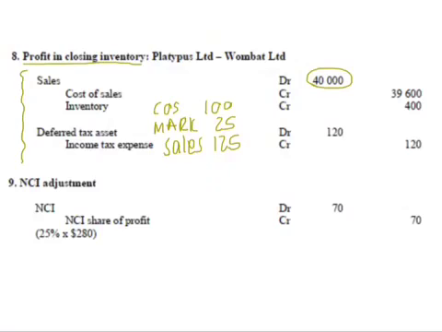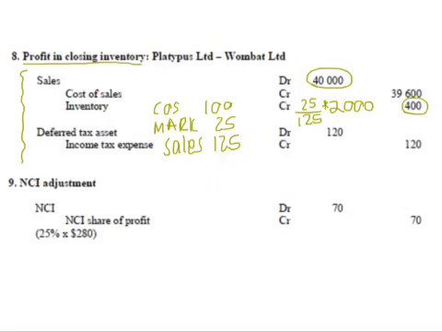So if we want to calculate the unrealized profit that sits in that inventory, and the inventory has a value of $2,000, we have to say the profit is 25 over 125 of what the sales value currently is, which is $2,000.